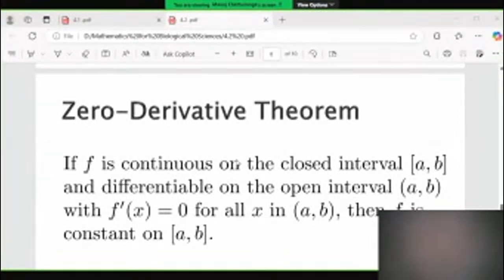Zero derivative theorem. This is a very nice application of the mean value theorem. Let's say a function is continuous and it has all the conditions given in the mean value theorem. And let's say the derivative is zero everywhere.